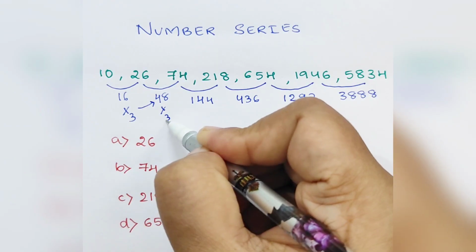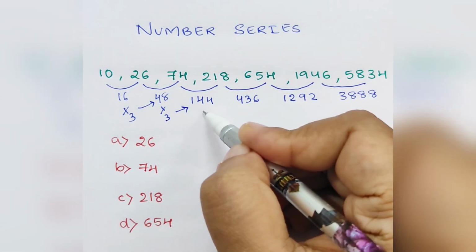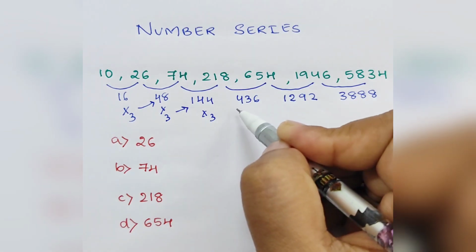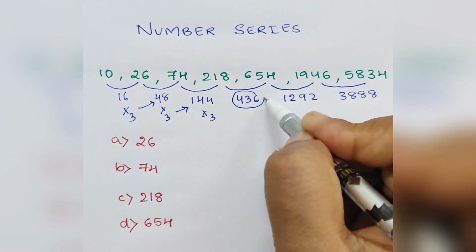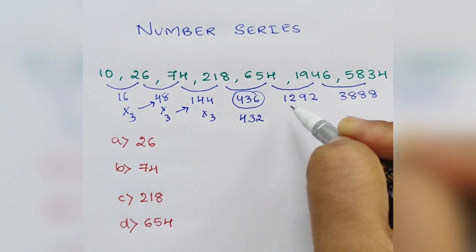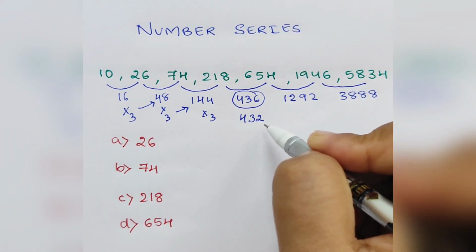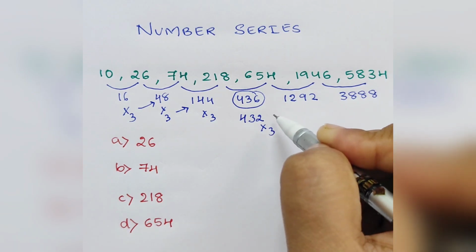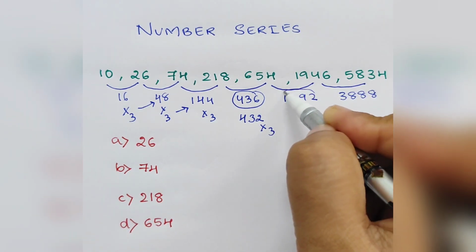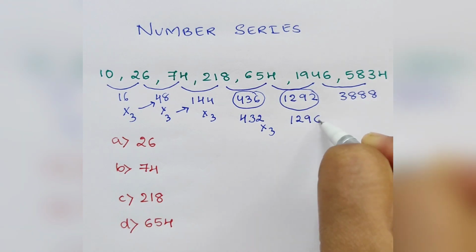48 into 3 gives 144. 144 into 3 does not give 436. It gives 432. Then 432 into 3 does not give 1292. It gives 1296.